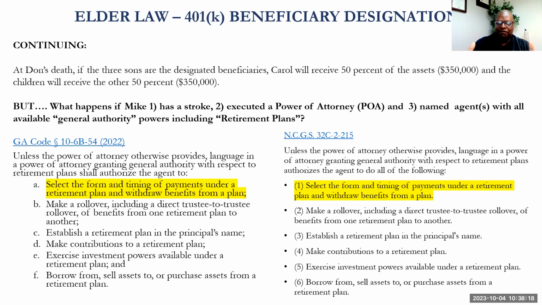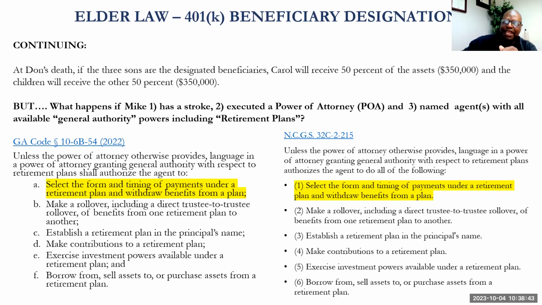So it's going to be whatever it is. But if I have POA for a retirement plan, even though I don't have the special powers to do the changing of the form itself, I have powers to actually remove money from the plan itself, right?